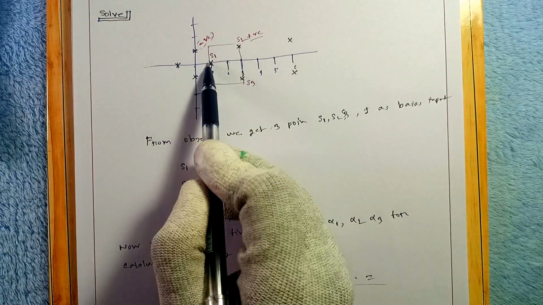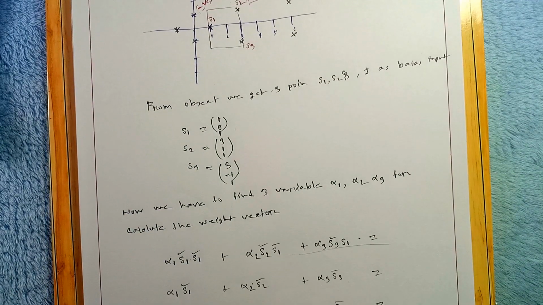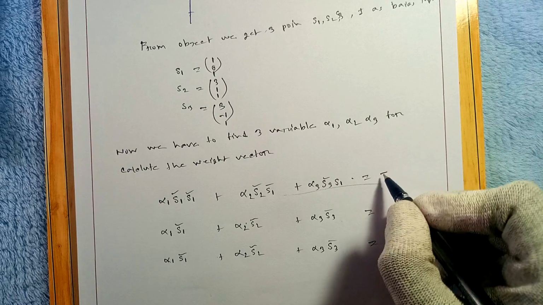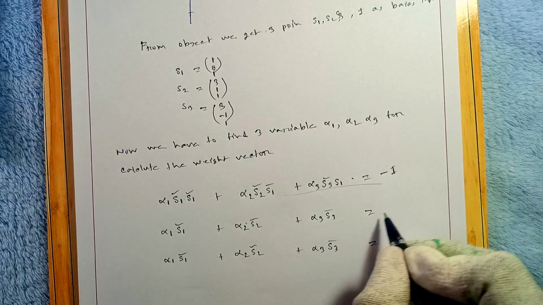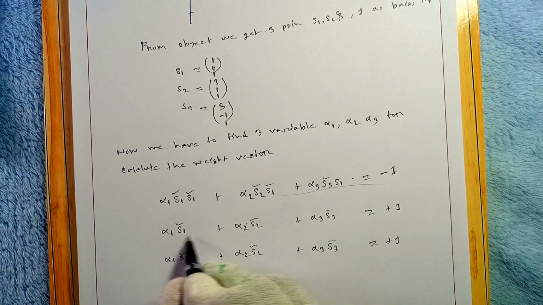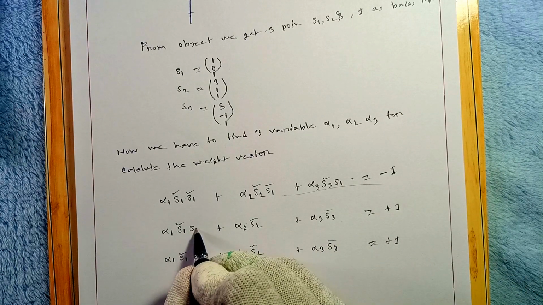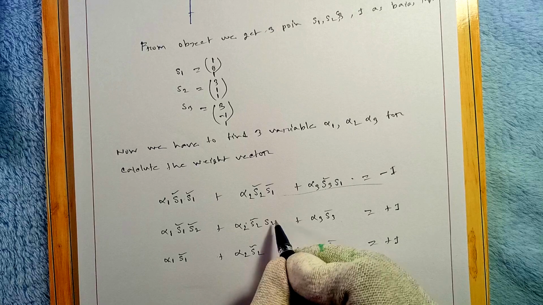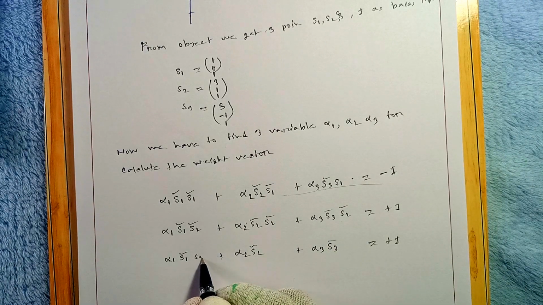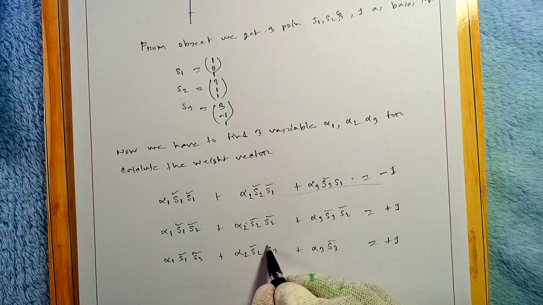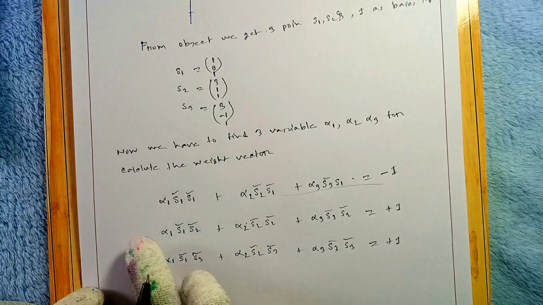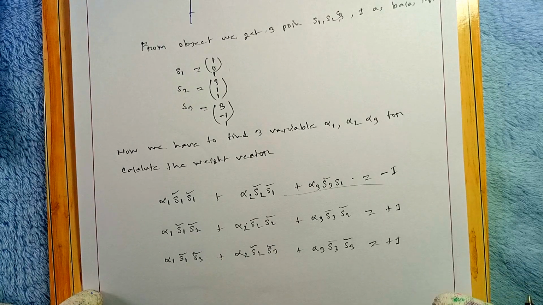Only S1 is on the minus 1 side, that's why you put minus 1 here and plus 1 for the other two. For S2 we just write S2 everywhere, and for S3 we write S3 everywhere. If you follow this step, I think this formula will be easier for you to understand.